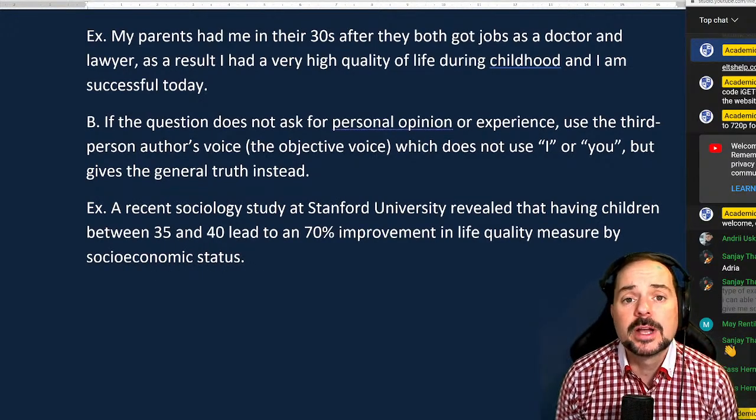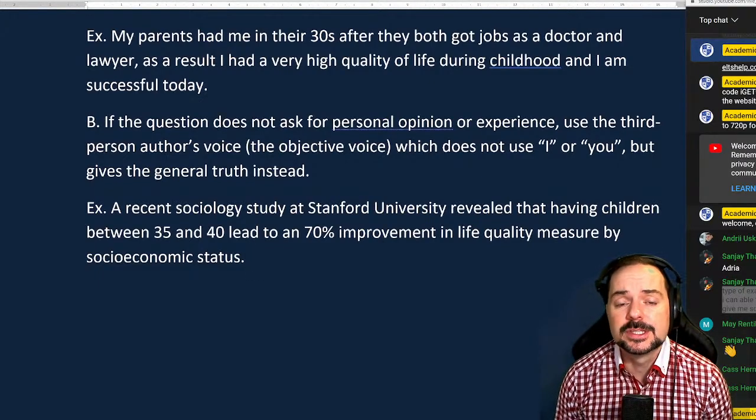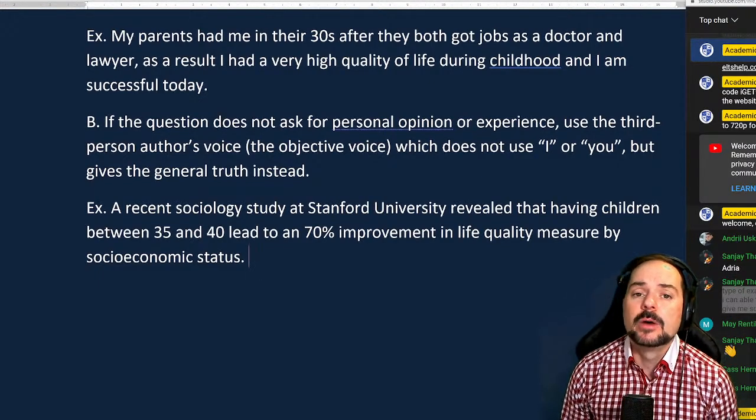Okay, socioeconomic status is basically your wealth in society, so how much money and how well established you are financially in society.